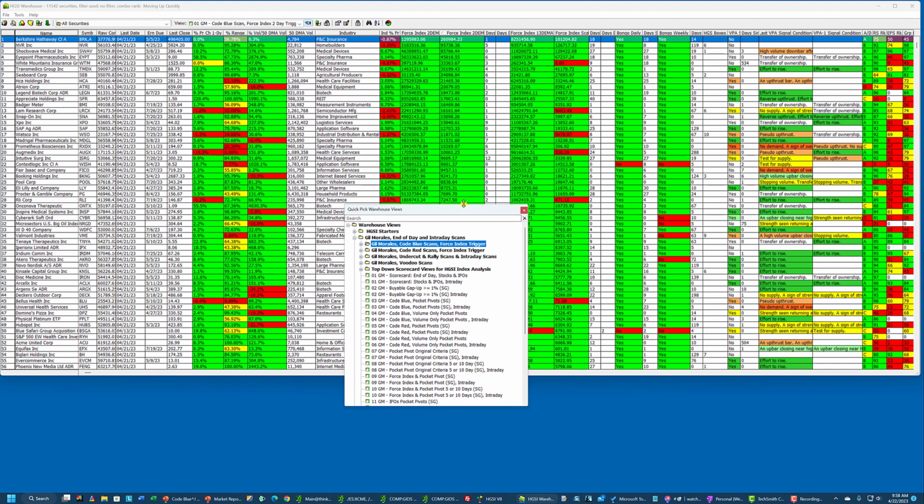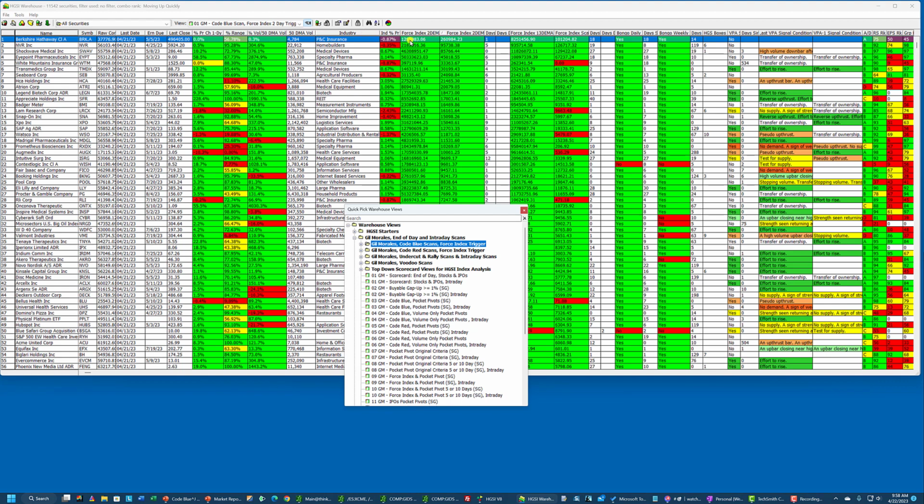Now, the force index, as I explained in the other videos, is today's close minus yesterday's close times today's volume. So it gives you either positive or negative force index numbers.